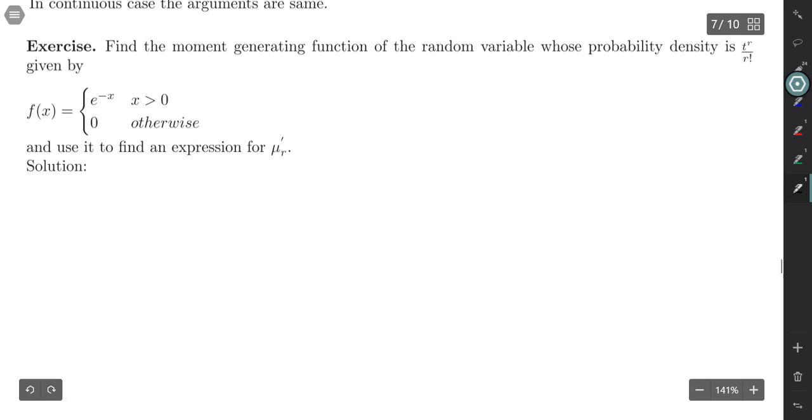Look at this simple example: our fx is e to the negative x, and 0 otherwise. Let's start with the definition of the moment generating function.